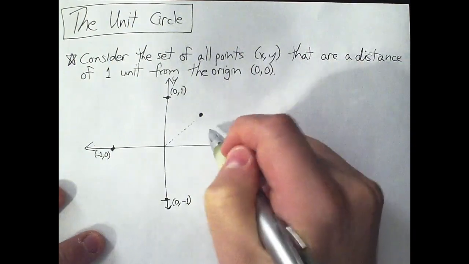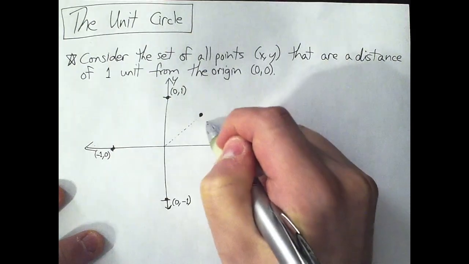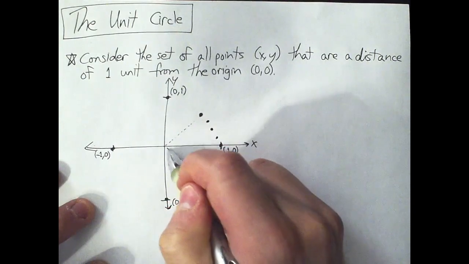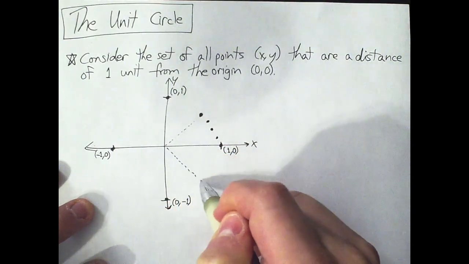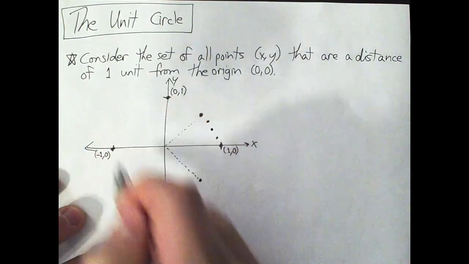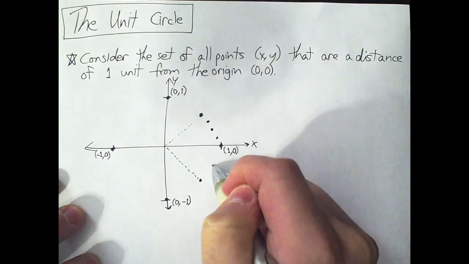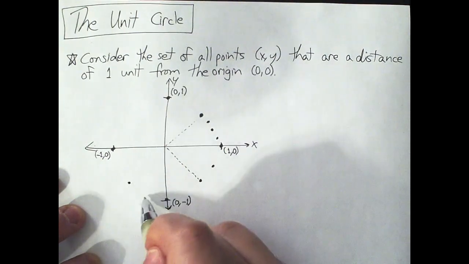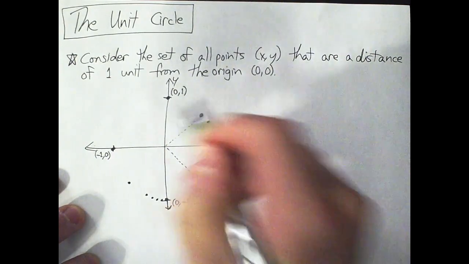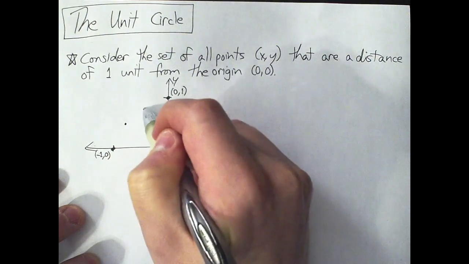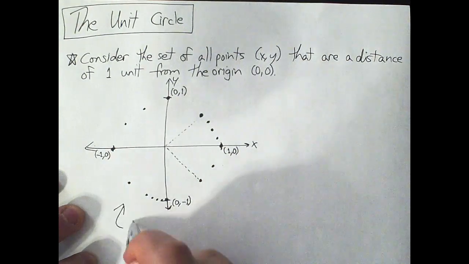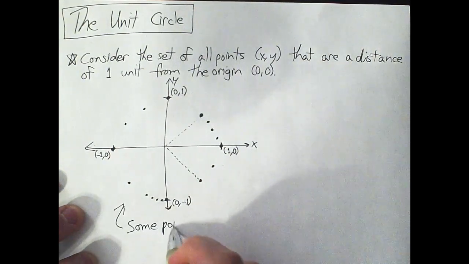And we could also go over here instead, or we could go here, go here. We get lots of points that we could imagine, or maybe go in this direction. Get a point down here. And the idea is that you could keep coming up with other points that are a distance of 1 from the origin. Like maybe there's one over here, maybe there's one over here, maybe there's a bunch of them over here. And really, there's going to be infinitely many by the time we're done with this. So I'm going to say that these are some points that fit this description.